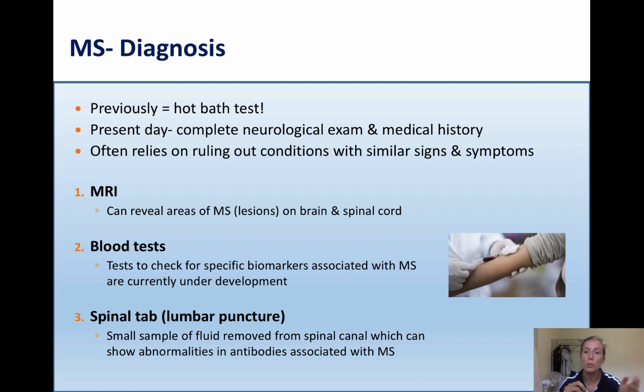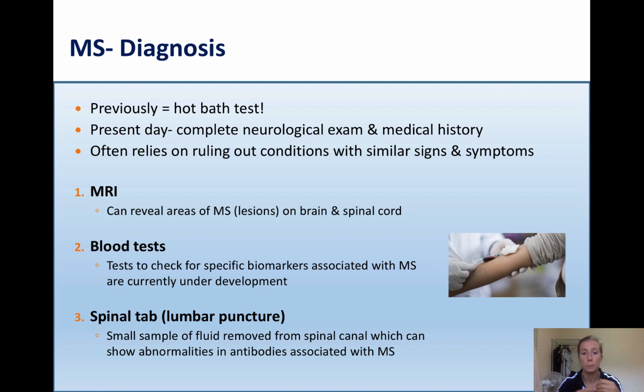But what we can use to help confirm MS is an MRI, so a brain scan, or an MRI of the spinal cord. We can look for lesions, we'll show you one in a second, but we can actually start to see where there might be MS present, or the damage of MS remaining.